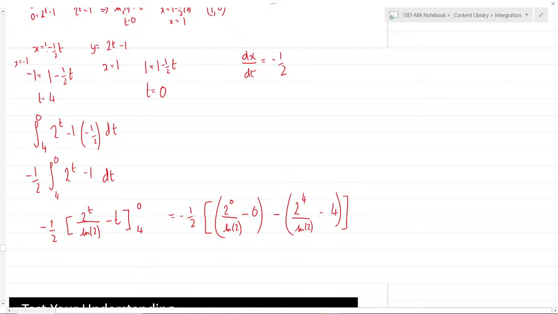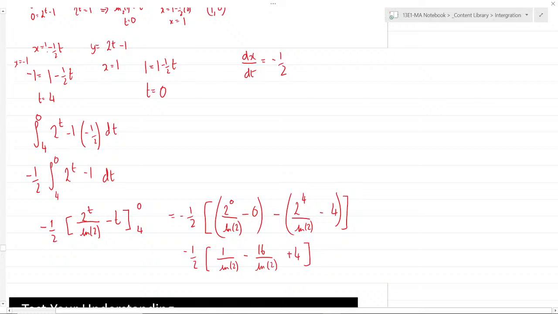Okay, so 2 to the 0 is 1. So I end up with minus a half times by 1 over ln of 2 minus 2 to the 4, which is 2, 4, 8, 16, so 16 over ln 2, plus 4, minus minus.